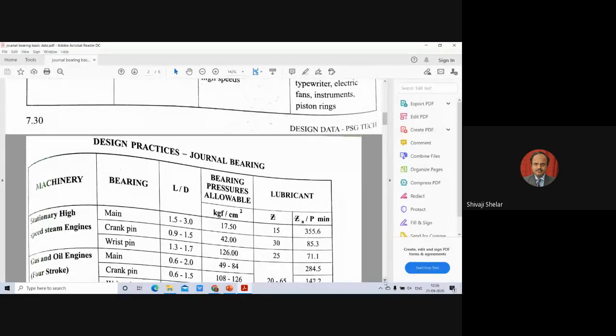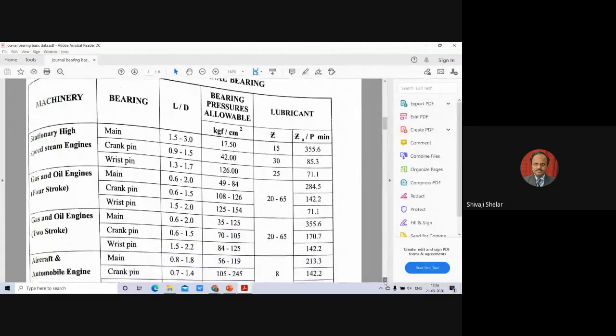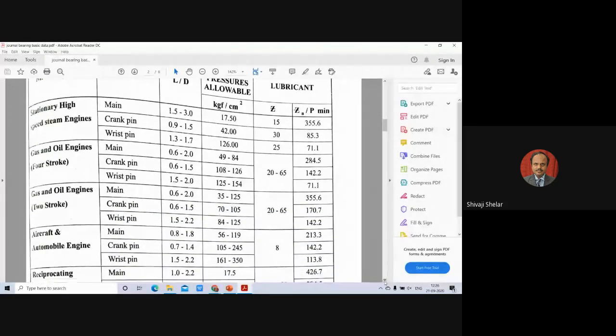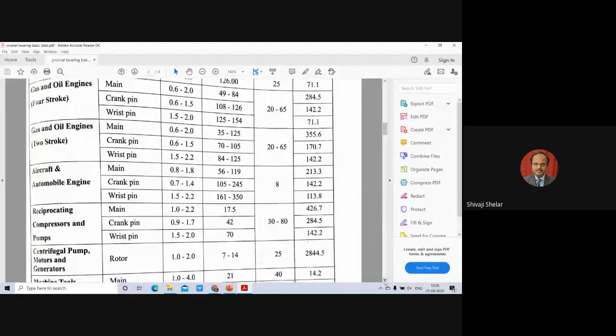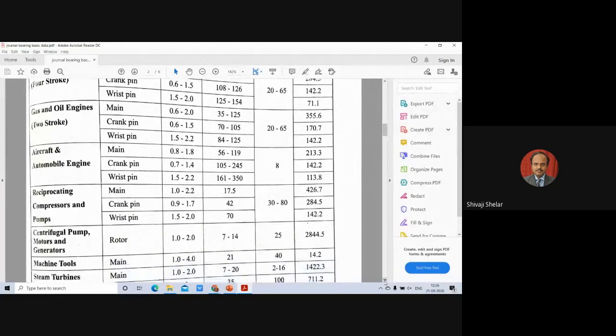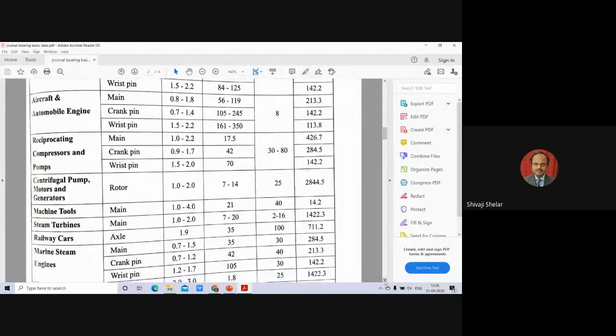So our application here is a centrifugal pump. If you see here, there are engines, two-stroke, four-stroke engines, then automobile engines, compressor, pumps, reciprocating compressor, centrifugal pumps, motors, generators. Now, in the given application here, we have a centrifugal pump. So this is a rotary type mechanism.